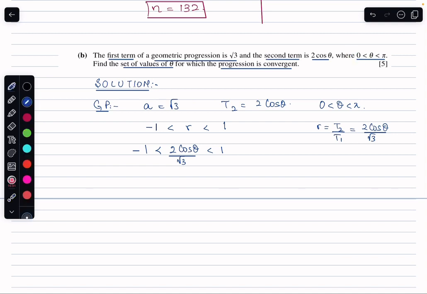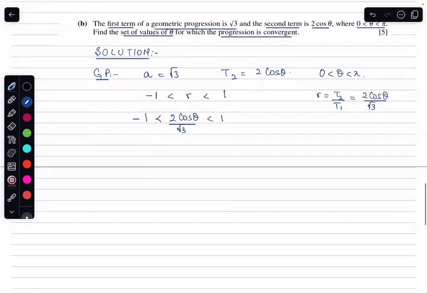So we have this continuous inequality: negative 1 less than 2 cos theta over under root 3, which is less than 1. For the purpose of solution, I will take negative 1 less than 2 cos theta divided by under root 3 as the first inequality, and 2 cos theta over under root 3 less than 1 as the second, meaning I shall solve the first two terms and then the last two separately.